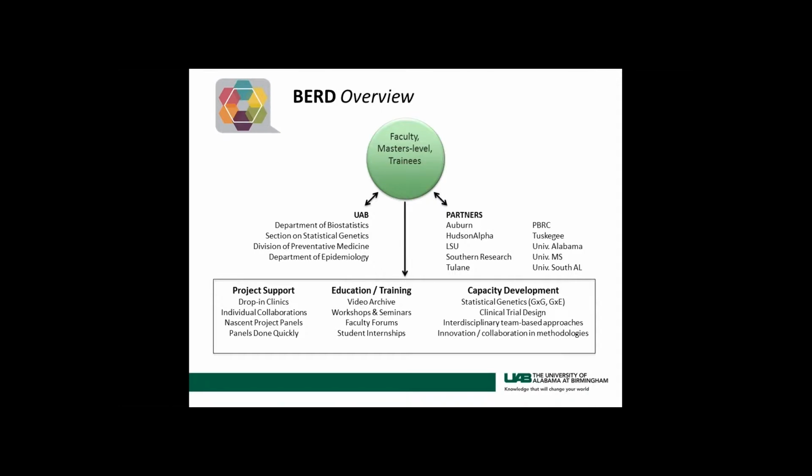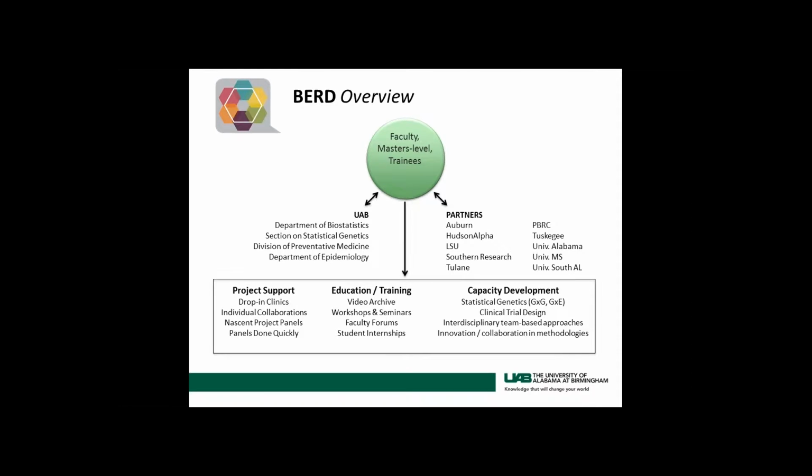The BIRD is, of course, spread out across the partner network. I'll start first with UAB within the Department of Biostatistics. You've got myself, who I only jokingly refer to as the jack of all trades. Then we've got expertise in statistical genetics, including Chong-Shen Kui with regard to microarray, and Min-Jung Liu with regard to designs of association studies and genetic studies.